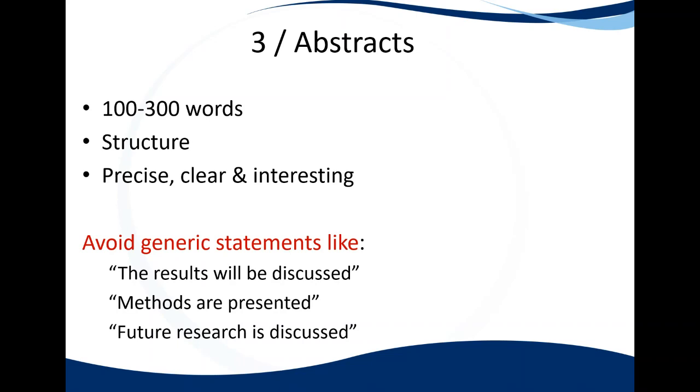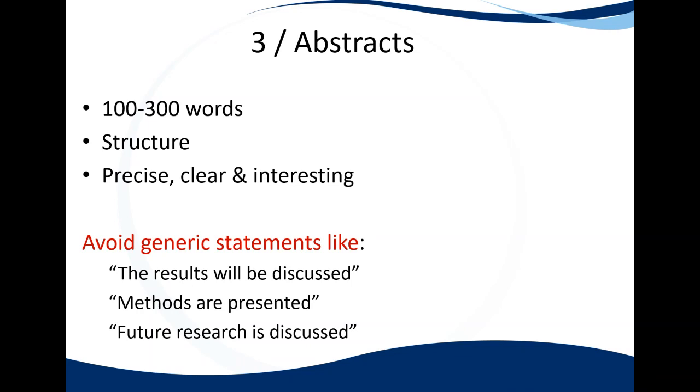And then the structure, again, those 300 words or 100 words, you have to be precise, clear, and it has to be interesting. You have to capture your reader for what I've just said right now in terms of people being busy, but also you are competing with many million other articles. So your abstract should draw the attention of your reader.